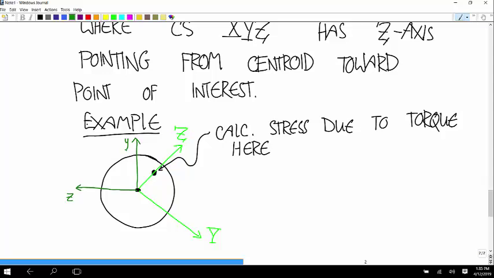Well, we use the formula, and it gives us the torque in this capital coordinate system, right? And once we have that stress tensor, we use rotation matrices to transform the stress in this coordinate system to the stress in this coordinate system.